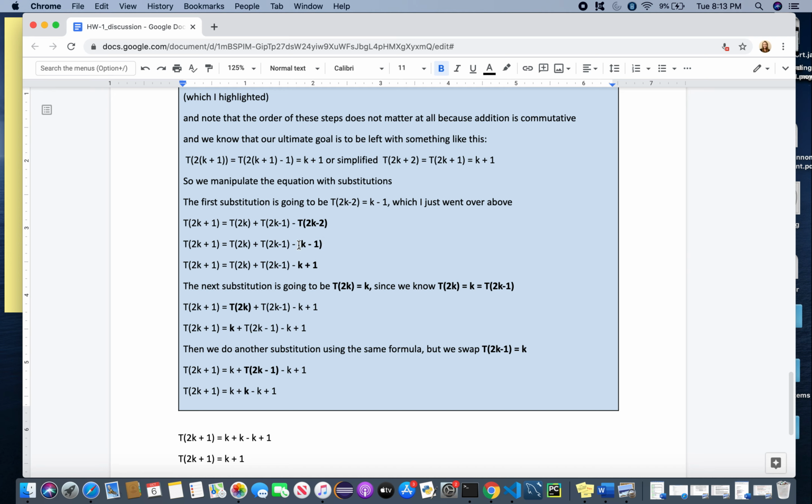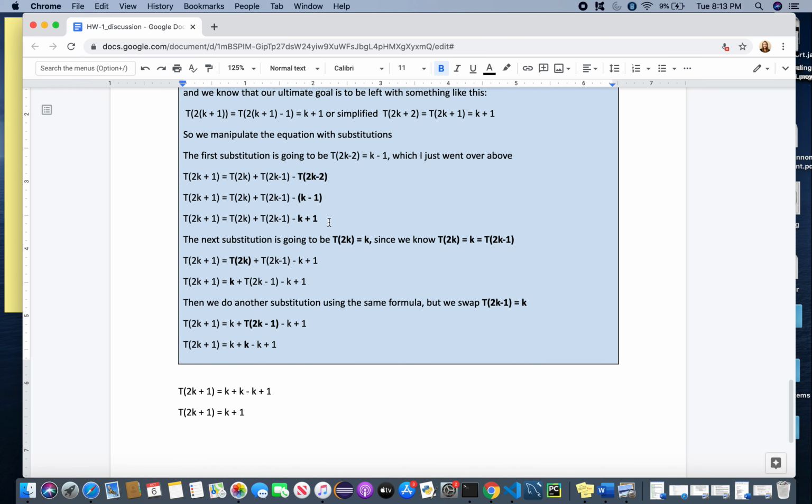Okay, distribute the negative, and then we have minus k plus 1. The next substitution is going to be to sub out T(2k) = k, because we know that this was in our initial formula, so we can just sub that out.